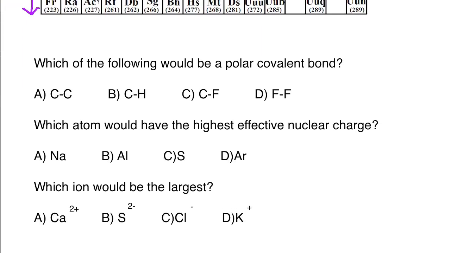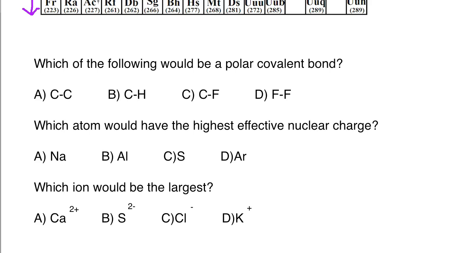Okay, so here are some questions. The first one says, which of the following would be a polar covalent bond? Keep in mind, you're going to need to understand electronegativity in order to answer this question. Which atom would have the highest effective nuclear charge out of that bunch?